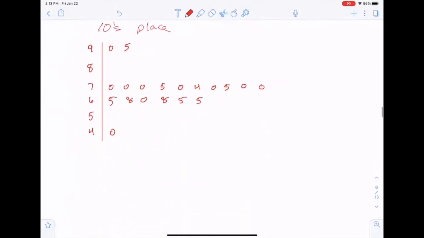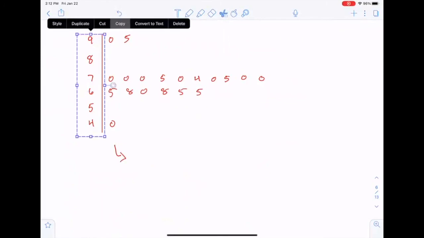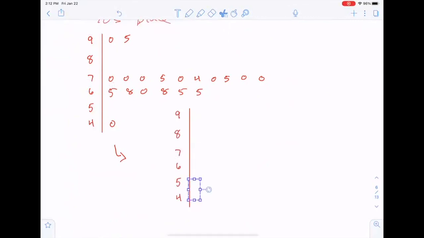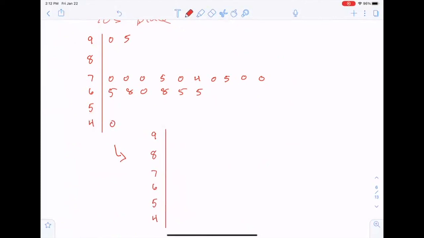And so the next thing I would do, to finish this, I have the benefit of copy and paste. So I'm just going to copy this, paste it, and move this down a little. And once I have the rows complete, I'll make sure they're sorted. So the 90s row is sorted. The 80s and the 50s rows are already sorted. The 70s row, let's see, there's 1, 2, 3, 4, 5, 6, 7 zeros.